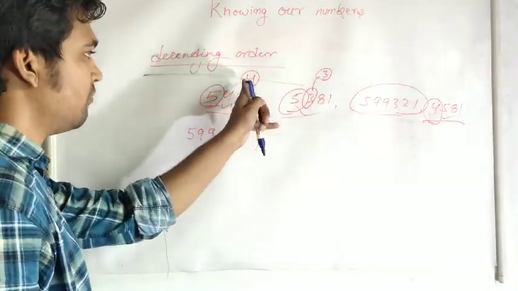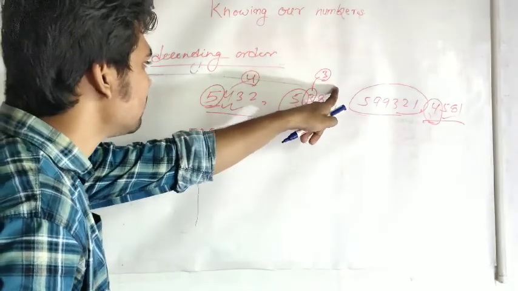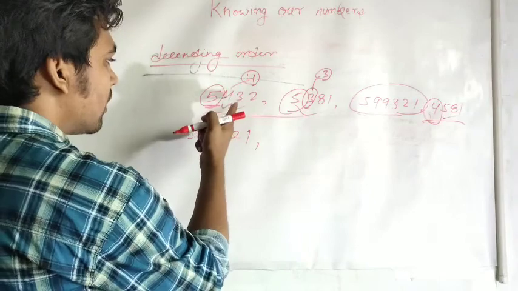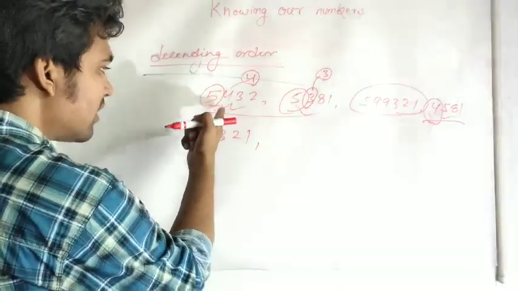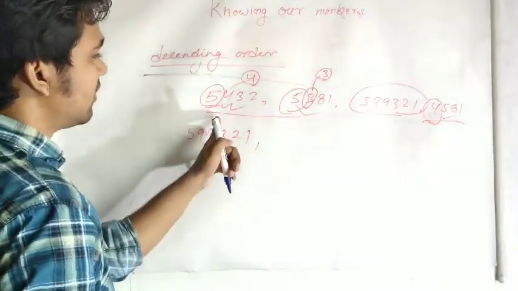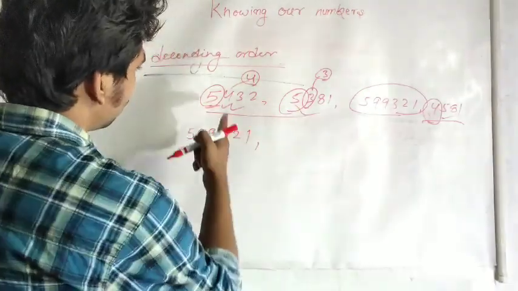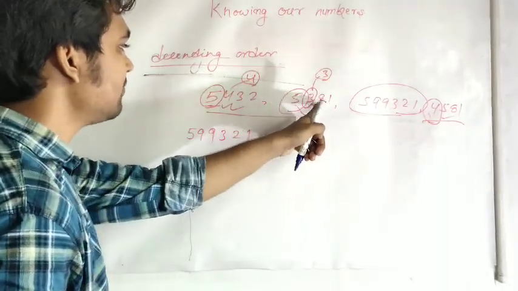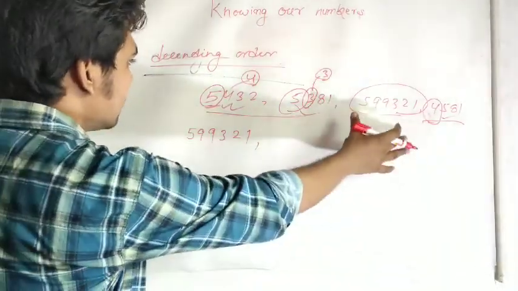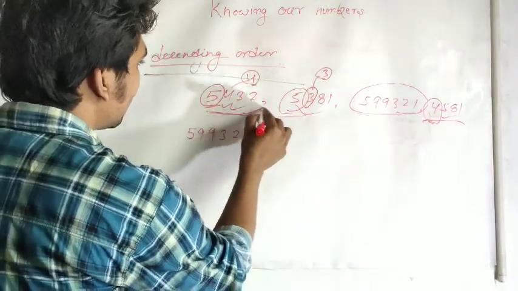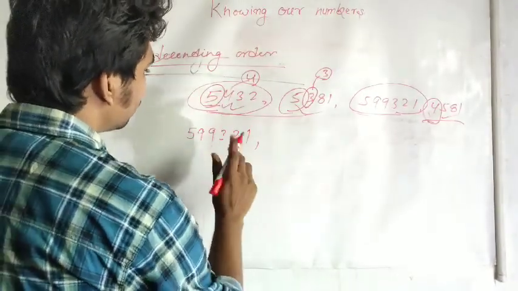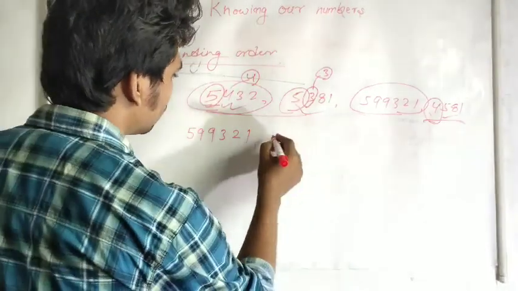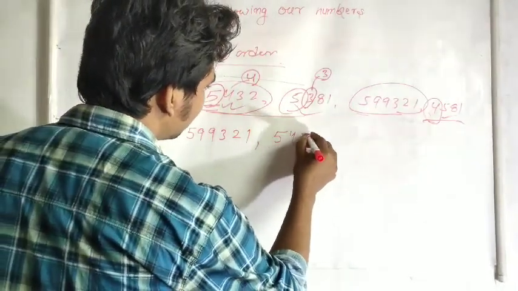So 4 is greater than 3. So the number which contains 4 at its third place from the right side would be greater than this one. So 5432 would be greater than 5381. So in the given series, this is the second greatest number. So we will put it next to the greatest number. So here 5432.